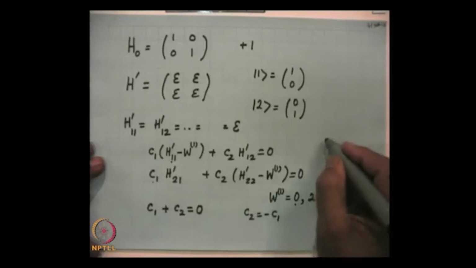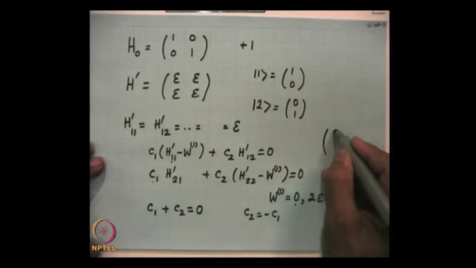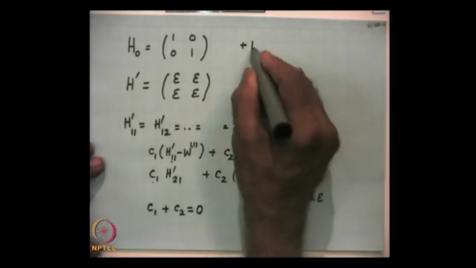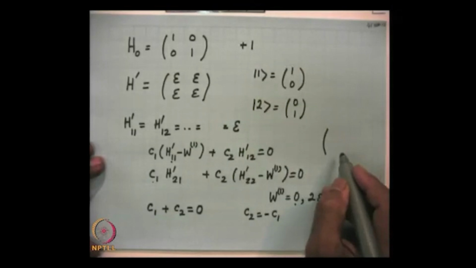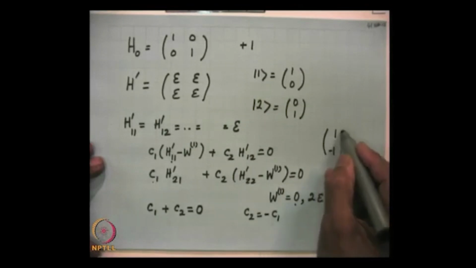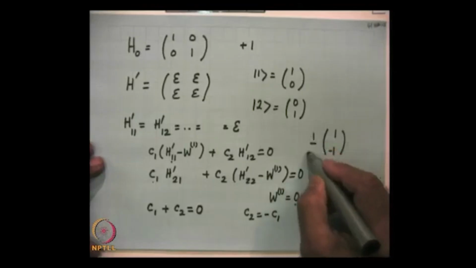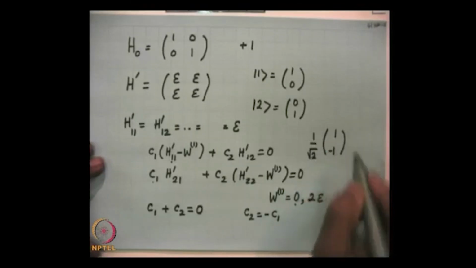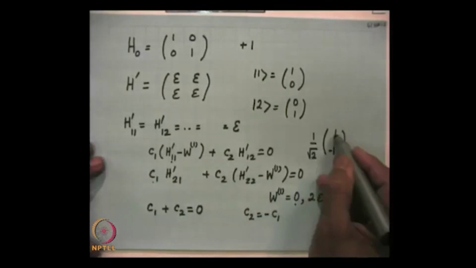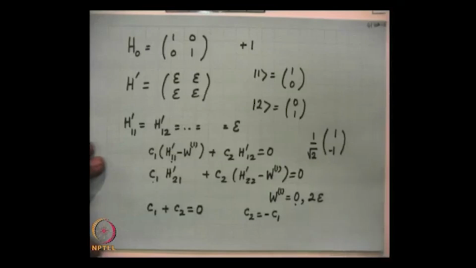So my eigenstate corresponding to this eigenvalue is 1 minus 1 divided by root 2. The root 2 is just to normalize it. You can put minus 1 and 1 also, that is also all right.